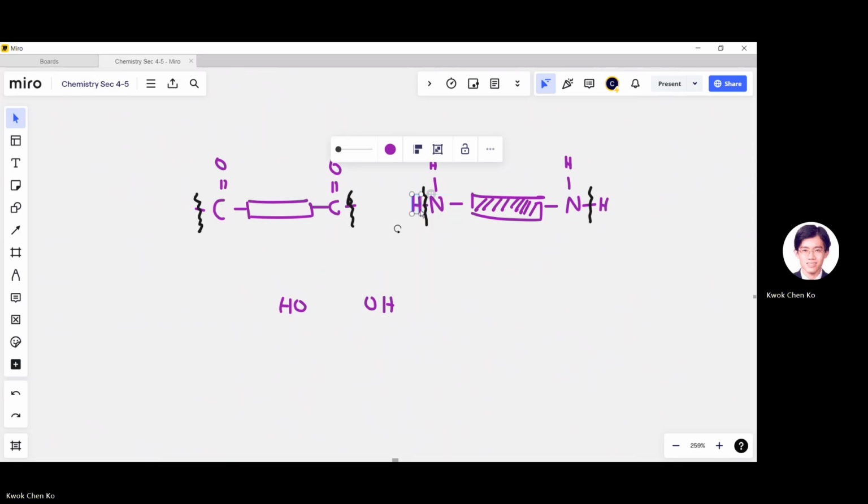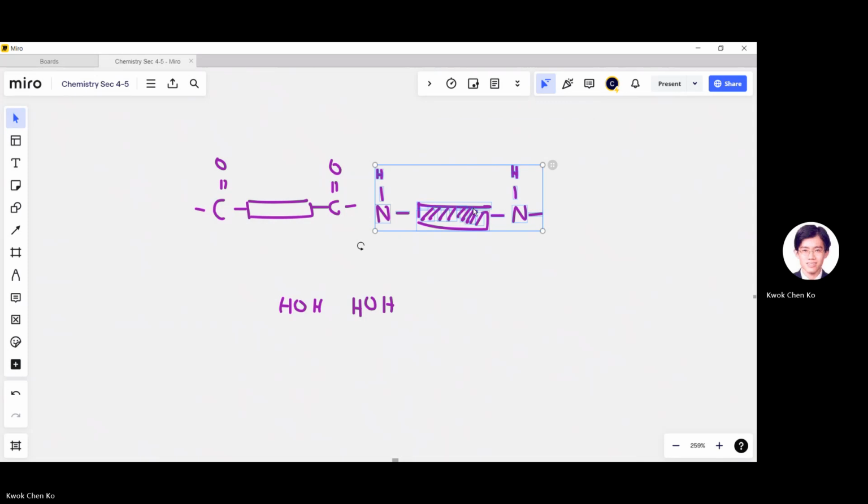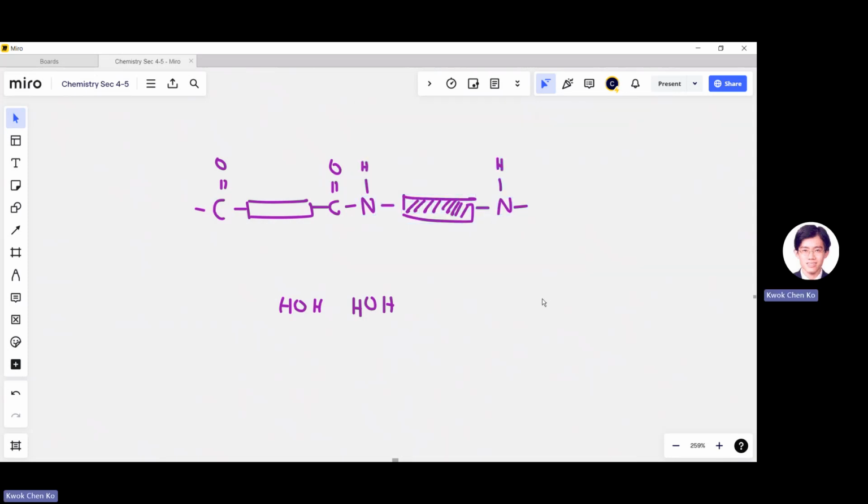If this comes out, and same thing, you join the leftover. How many repeating units is this?